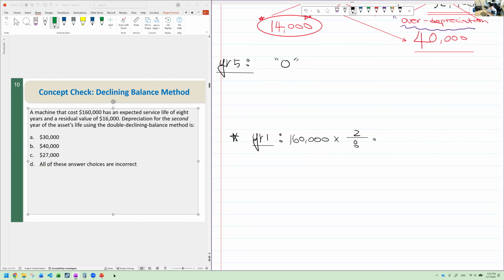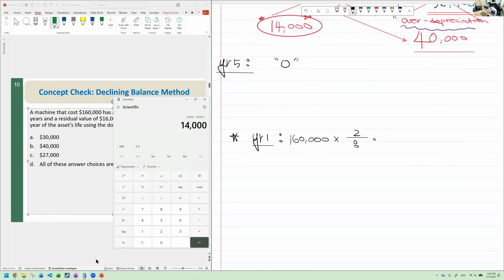So the amount of depreciation expense that you record in year 1 is going to be $160,000 times 2 divided by 8, which is $40,000. That means we are going to decrease the book value of this asset by $40,000. $160,000 minus $40,000. So the book value decreases to $120,000.